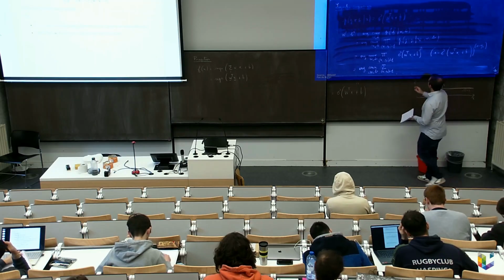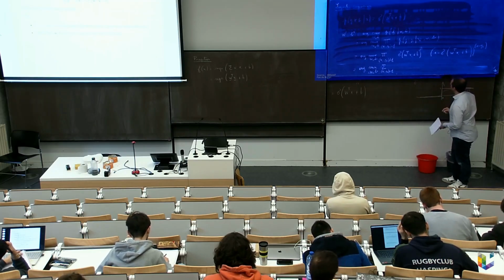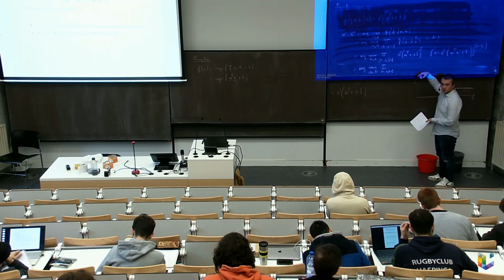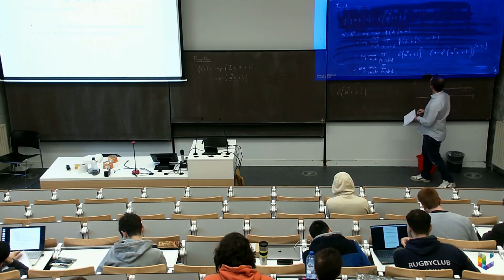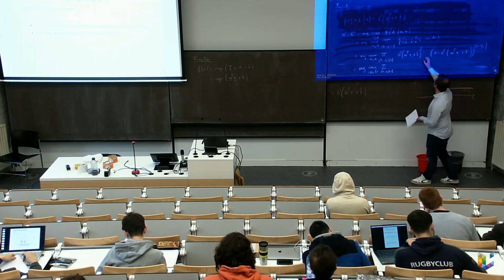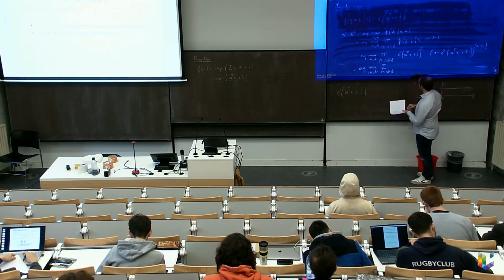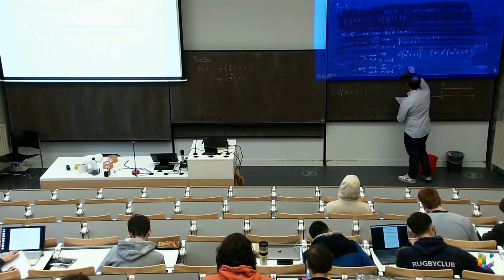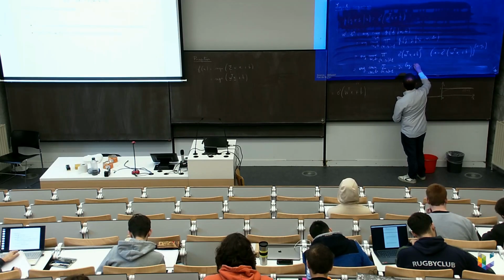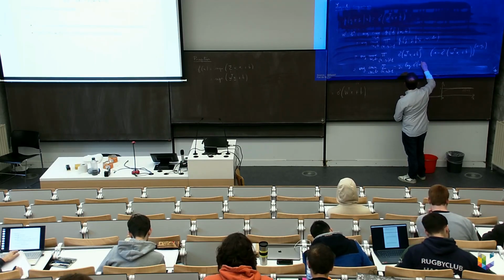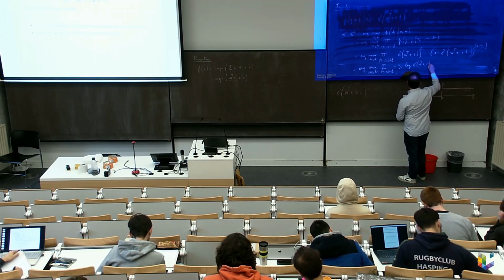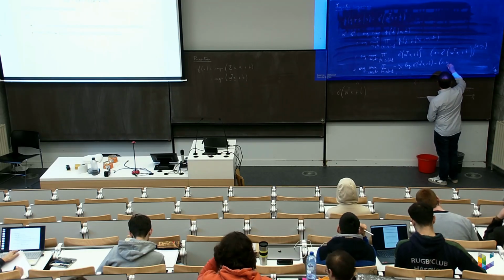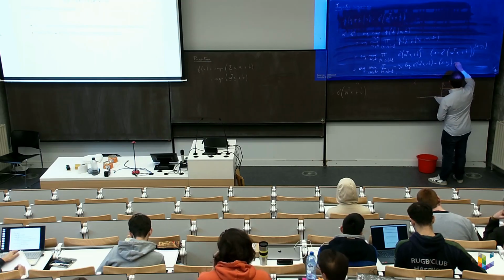Again, we have the logarithm of a product, which becomes a sum, and we can also use the logarithm of a power to pull these y values out. And so we have, at the end of the day, something like this: minus, 1 minus yi, log.